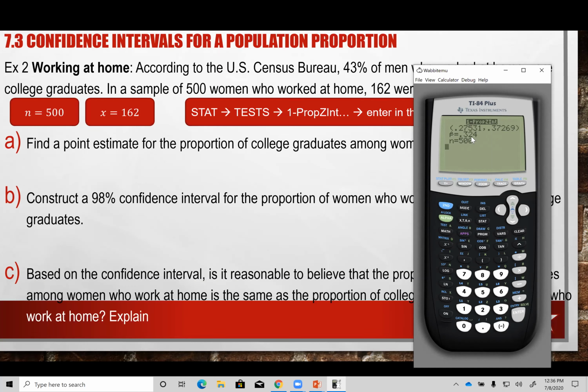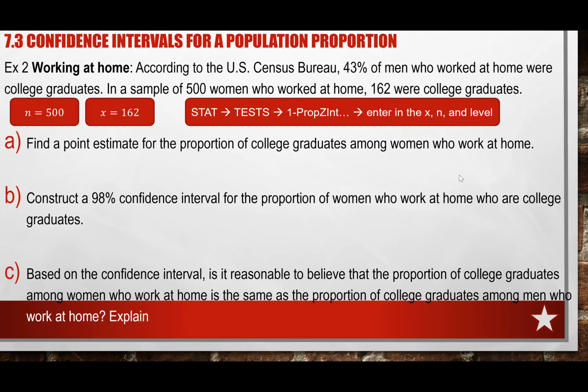That is your point estimator. Or if you don't see that, you can just type in 162 divided by 500, and that is your point estimate, which is X divided by N. So my point estimator, as you can see, is 0.324.